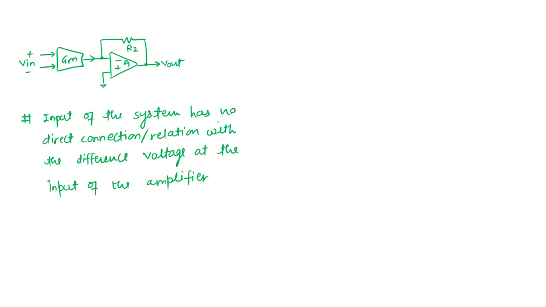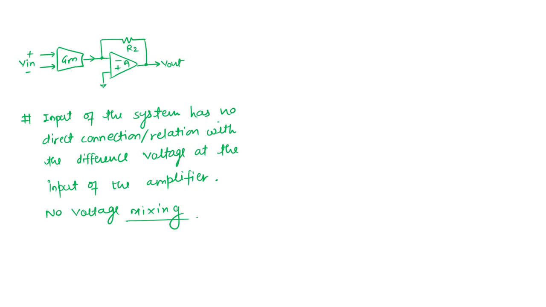If my input has no direct relation with the amplifier's input, then there is no voltage mixing happening at the input of the amplifier. That we will see in some feedback video. This is still a new term for many of you. We will see it in the feedback concepts.